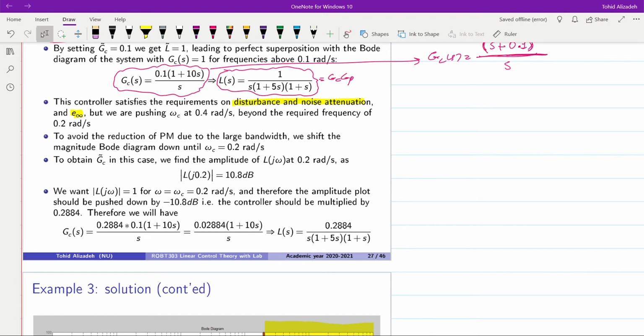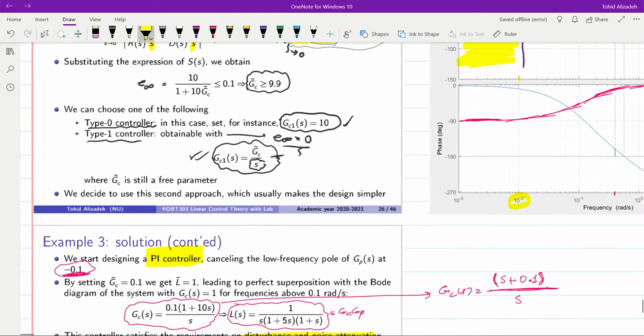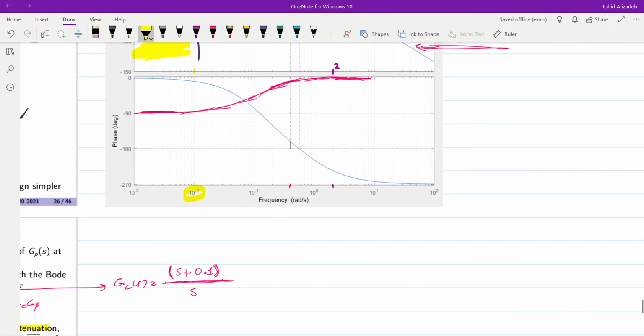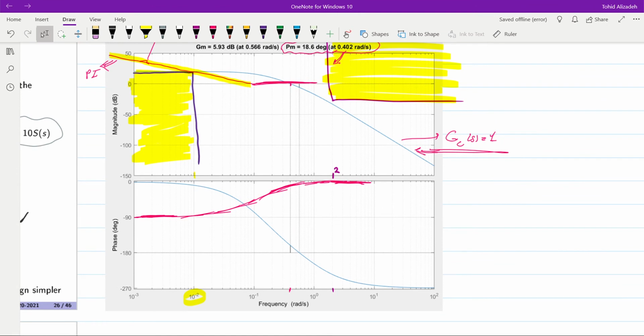But the crossover frequency now is equal to 0.4 radian per second almost, and the phase margin will not be satisfactory. In order to increase the phase margin, we could try to decrease the crossover frequency, because you can see that as the crossover frequency decreases, as we move in this way, the phase margin will increase.